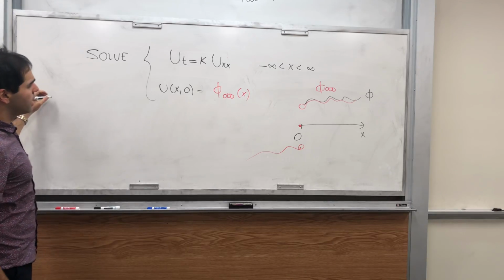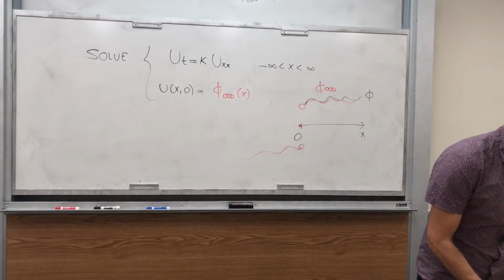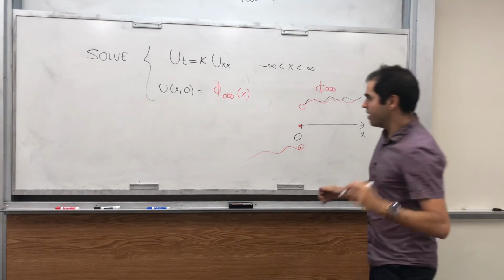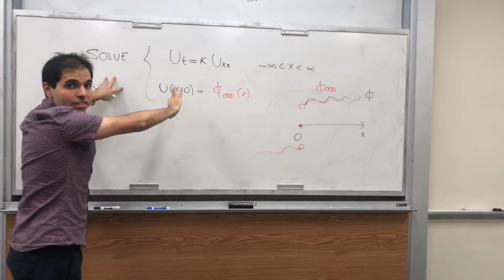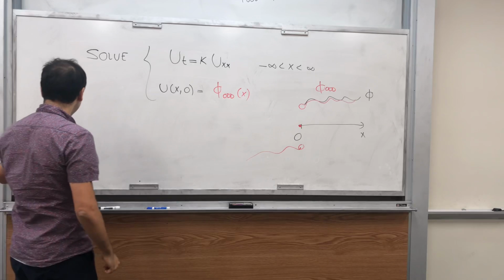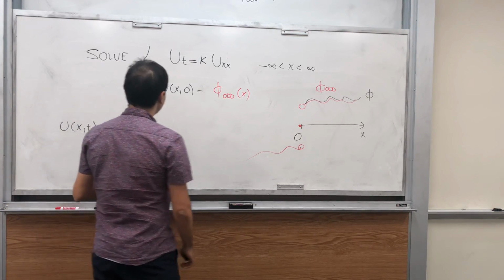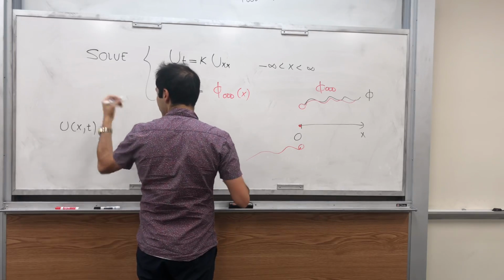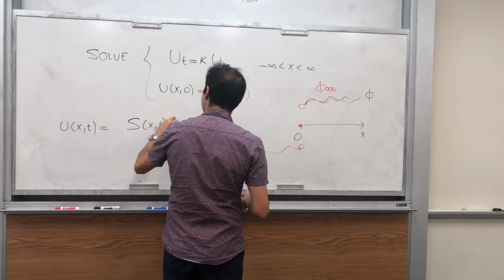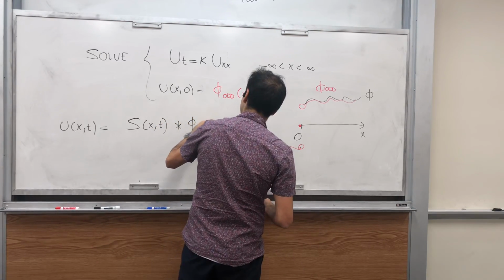Then, we know how to solve this problem because it's the heat equation on the whole real line. So we know the solution is just given by u(x,t) equals the initial condition convolved with the fundamental solution, S(x,t) convolved in this case with phi odd of x.